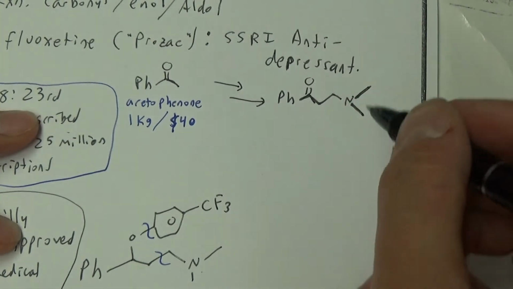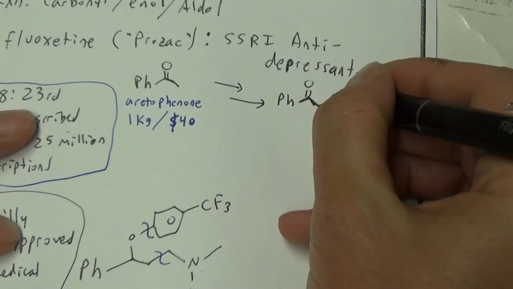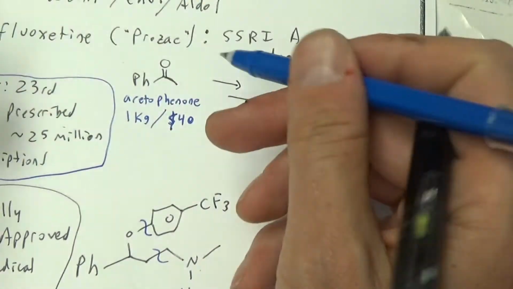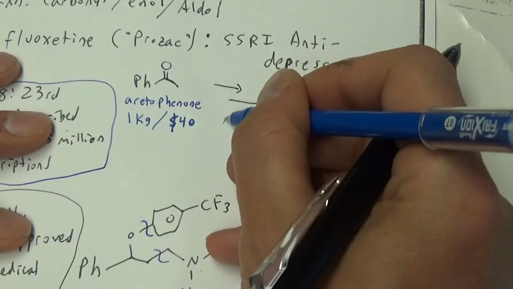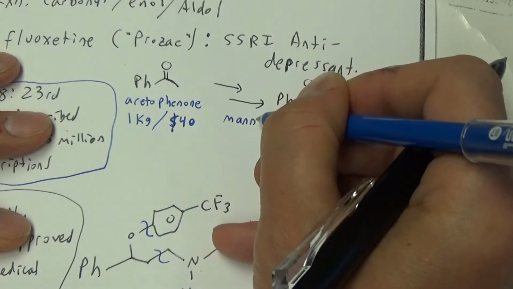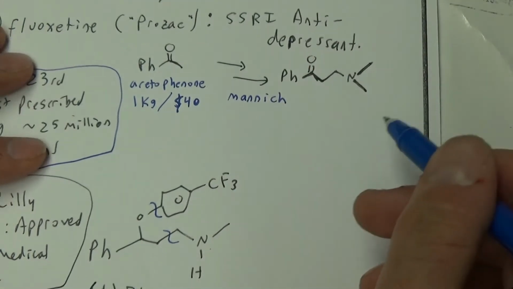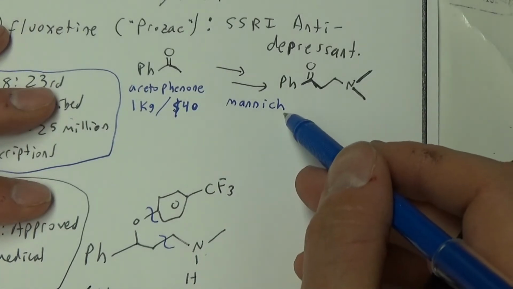So, a carbon, nitrogen, and 2 methyls. That's a reaction called the Mannich reaction. Mannich, M-A-N-N-I-C-H. That's often a reaction we might skip in Organic 2, but it is in the book. It's kind of at the end.